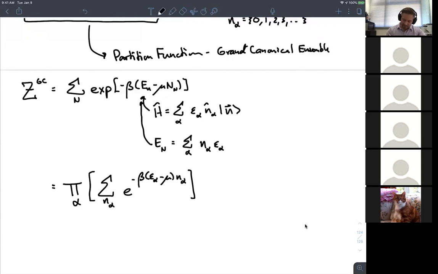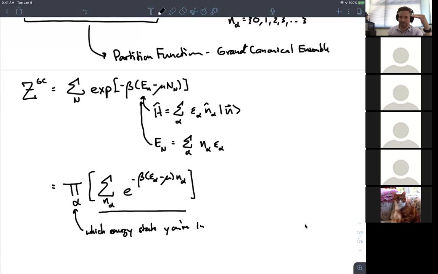Now again, remember what alpha is labeling: which energy state you're in. So you start with, say, alpha equals 0, which is the ground state, and calculate the sum for the ground state. Then you go up to alpha equals 1 and calculate that sum for the next energy level.